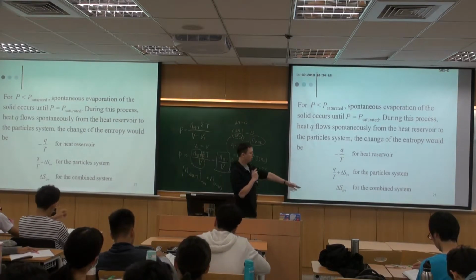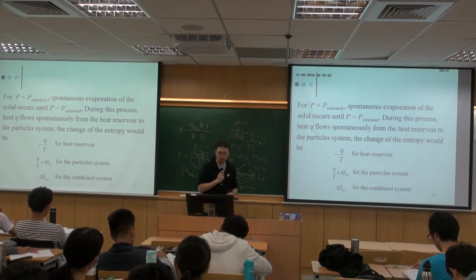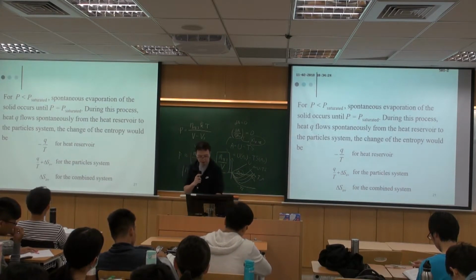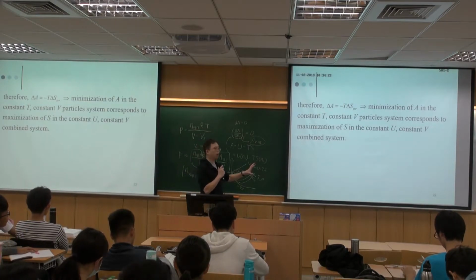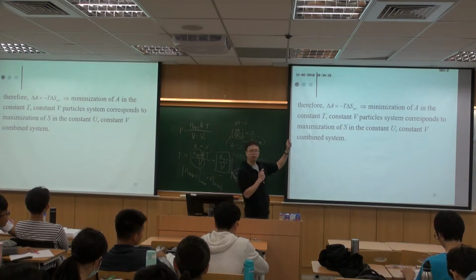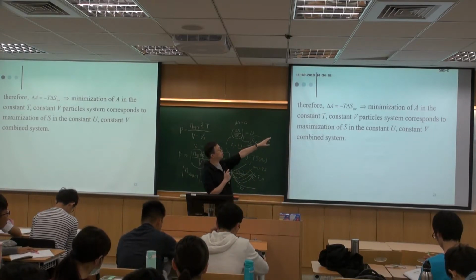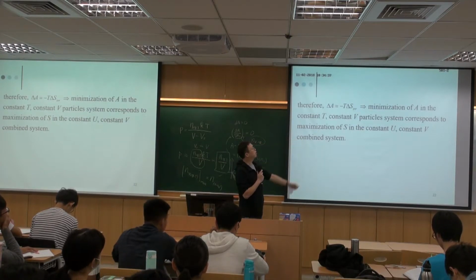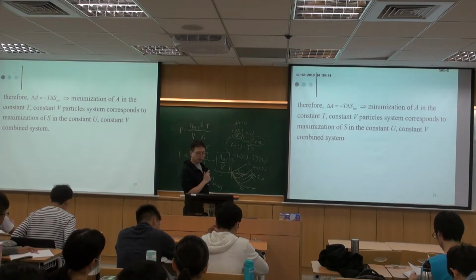You'll see that there's a small amount of irreversibility-caused entropy for the combined system. Therefore, in this scenario, for an irreversible process, the change of Helmholtz free energy will be the same as the change of irreversible entropy times the temperature.